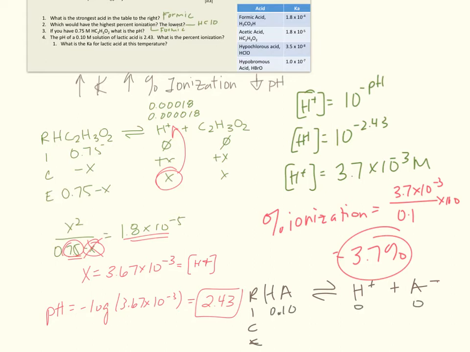I don't have any H or any A, but I do know at equilibrium I get 3.7 times 10 to the negative third. And so that's going to be the same thing for A minus, because if I produce a hydrogen here, I also have to produce an anion here because they used to be together. So I'll get 3.7 times 10 to the negative third for my conjugate base, which means that on this side, it went up by that much. And if we produced it over here, if we make it, it has to disappear on the other side.